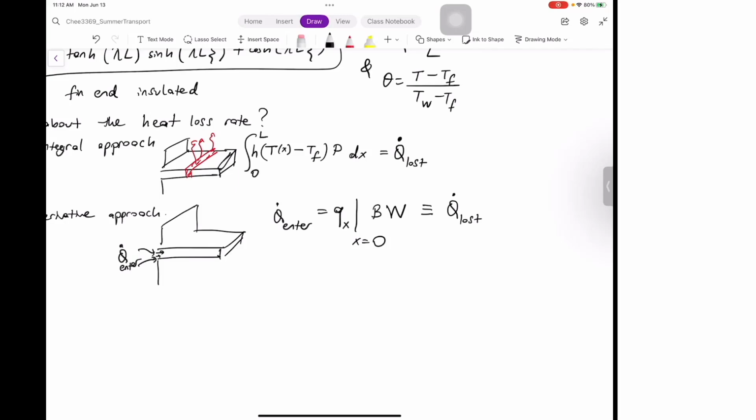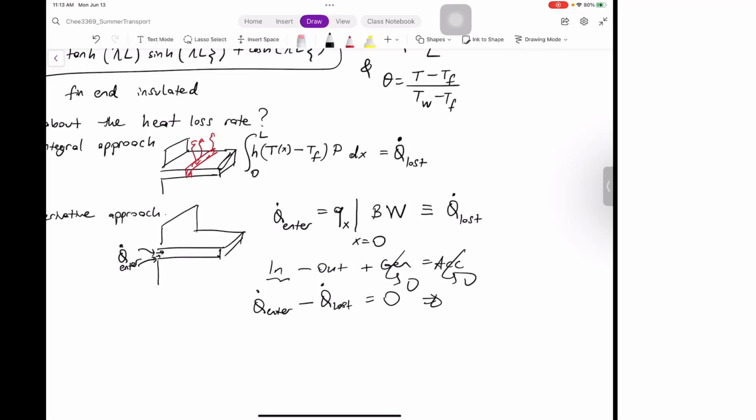Basically it's in minus out plus generation equals accumulation. Steady state, no generation, and the in is Q dot enter, the out is Q dot lost, and accumulation is 0.